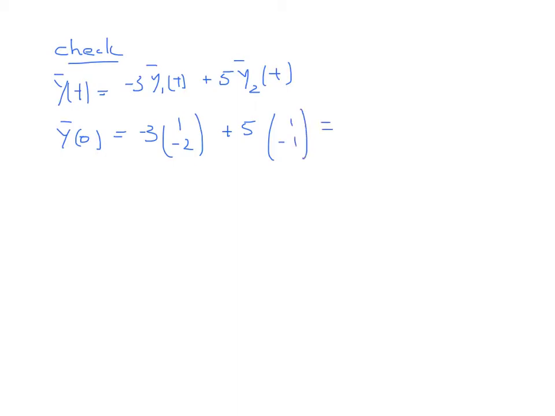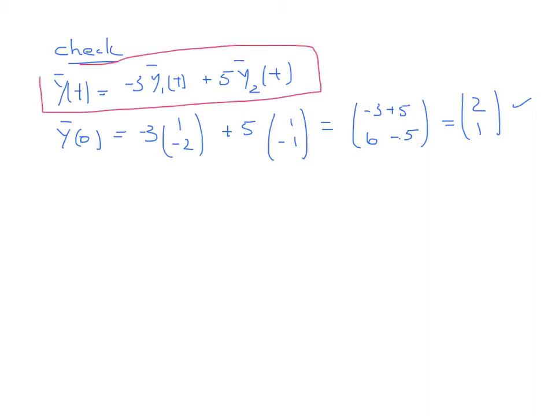And does that take me to the point (2, 1)? Well, -3 plus 5, that's sure enough 2. And 6 minus 5, sure enough that's 1. So yes, this function, sure enough, at time 0 is at the point (2, 1). That's good. And I don't have to check any further.